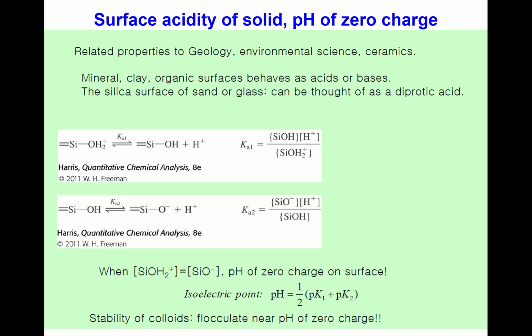Many people are interested in nanoparticles. Actually, colloidal particles have been quite well known for a long time. Even a long time ago, people studied the stability of colloids. Every day we see or we use colloids.